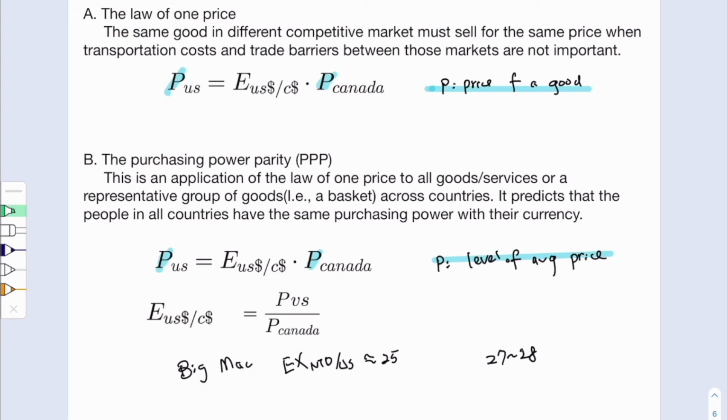Therefore, we know that the NT dollar is somehow a little bit undervalued. That is because the Big Mac index tells us one US dollar is only worth about 25 NT dollars, but in reality it is sold for 27. So that is the interesting application of the absolute purchasing power parity.